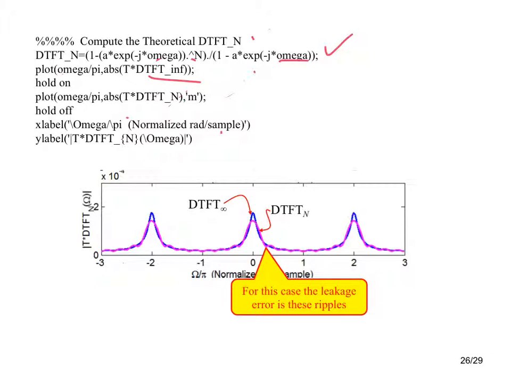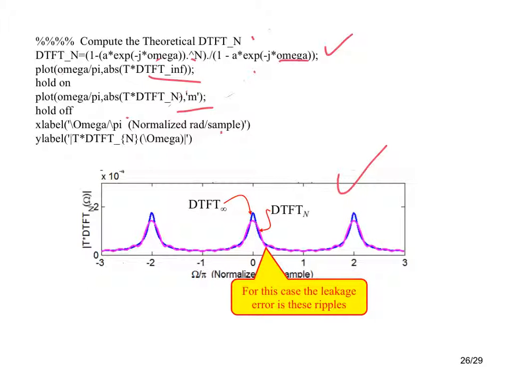I plot with the default color, blue, and here I plot with magenta. And so let's look. Remember, we saw the effect of smearing, main lobe issues, side lobe issues, and we can see that on this plot. Look at the blue curve. That's our DTFT sub infinity.